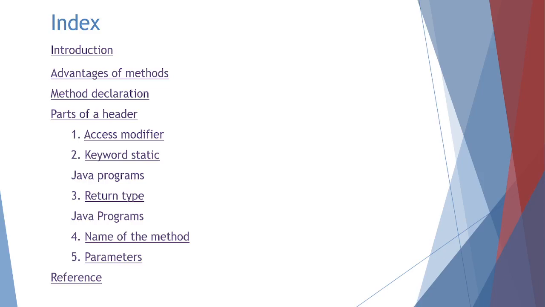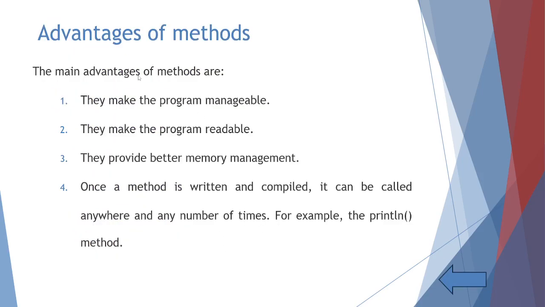Let's see advantages of methods. They make the program manageable. Why? Because we divide the program into tasks and each task will be typed and tested separately. And they make the program readable also. They provide better memory management. Why?